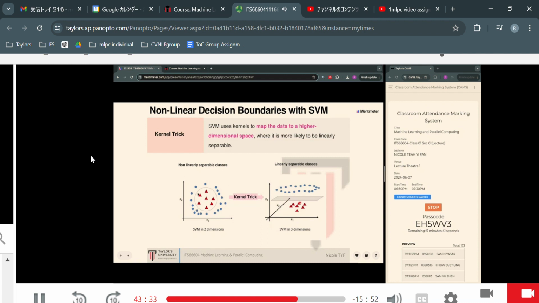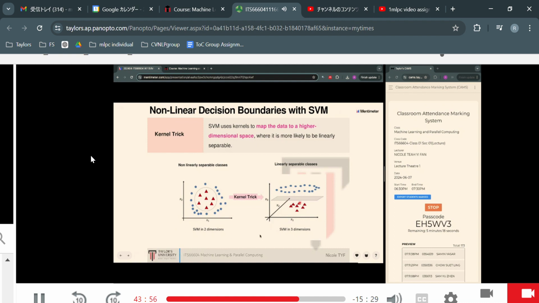where the class that we are trying to separate out from the rest actually are embedded among other classes. So what we can do using this kernel trick is we are turning these two classes of data using a third dimension.